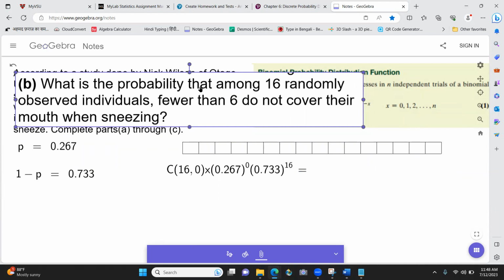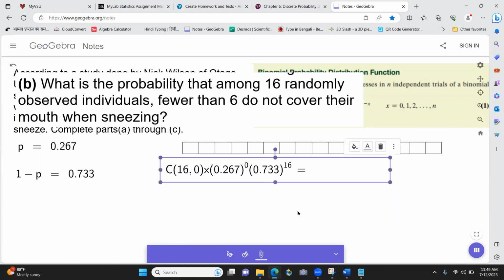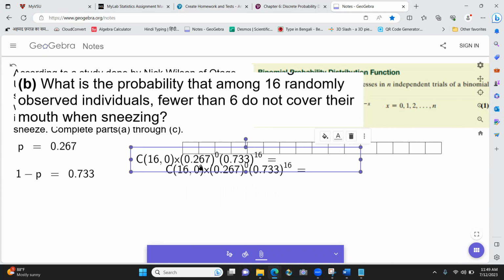So exactly 5 don't cover. Exactly 4 don't cover. Exactly 3 don't cover. Exactly 2, exactly 1 doesn't cover, and none of them covers. So this is the first one. Then I'm going to do this one.